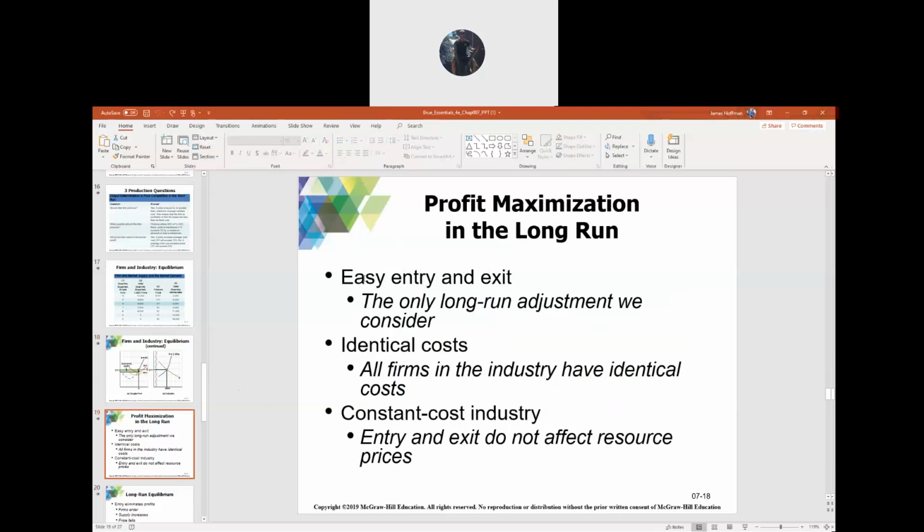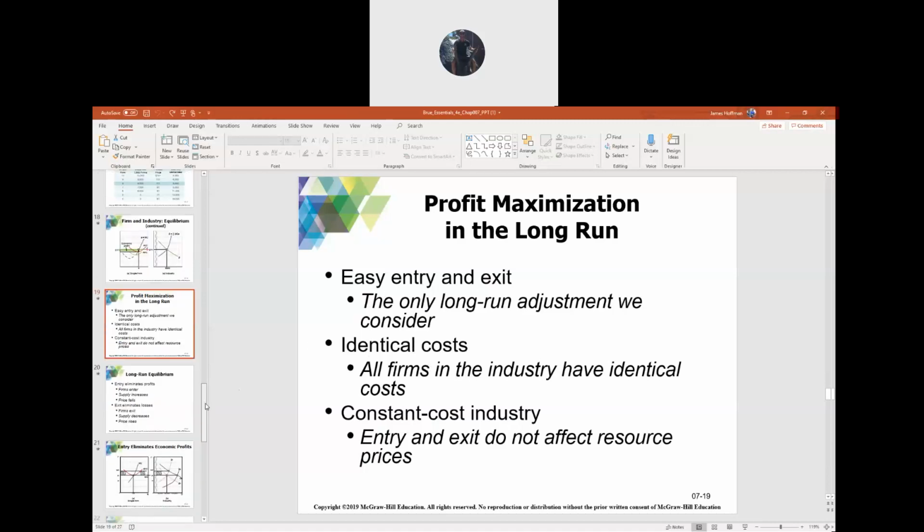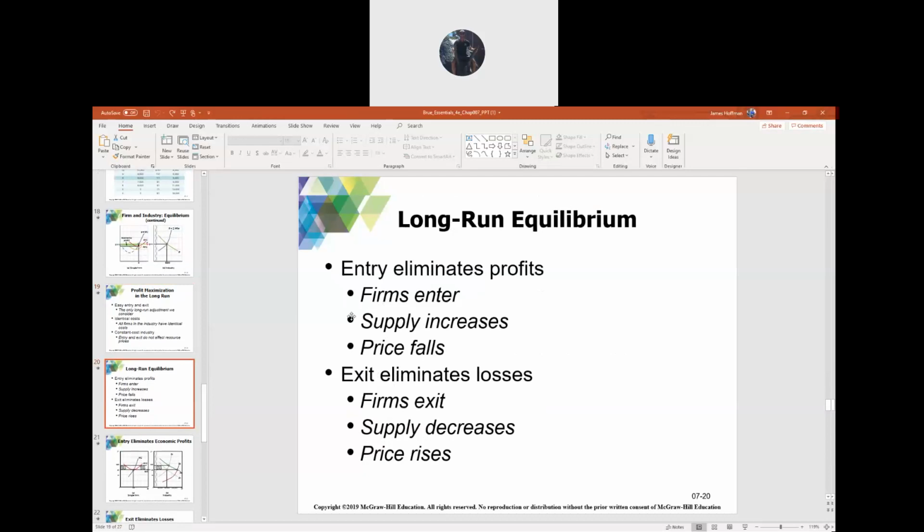Okay, so because of the type of the market, there's easy entry and exit, and so the only long run adjustments we consider are entry and exit. So all the firms we assume have the same costs. And so let's illustrate how this kind of determines an individual firm's profits or loss in the short run.